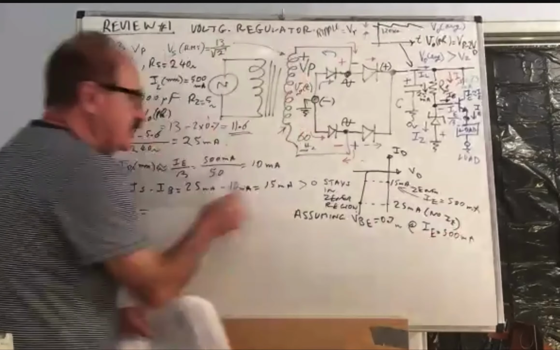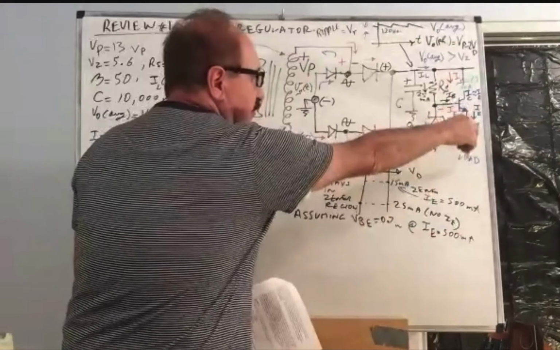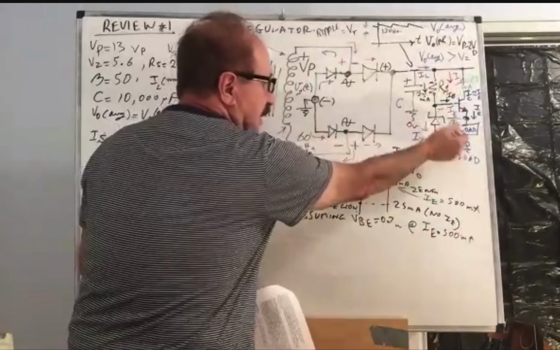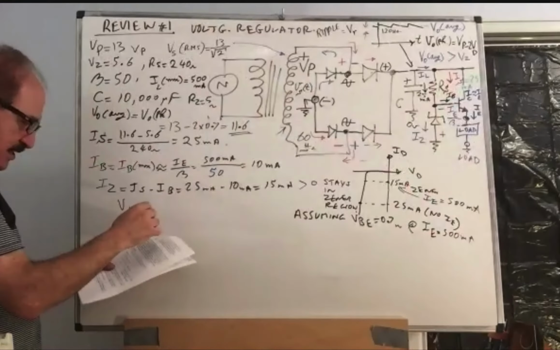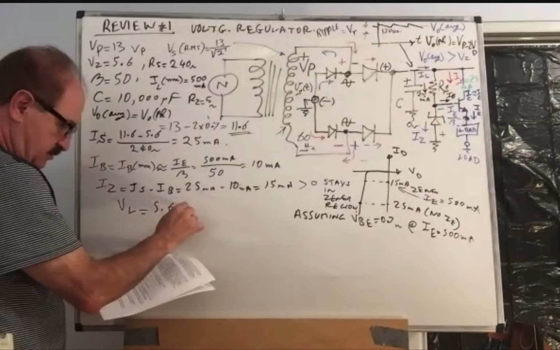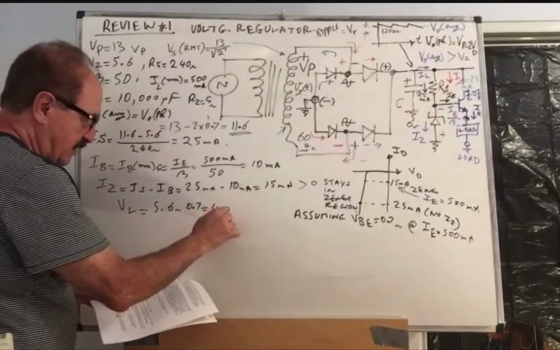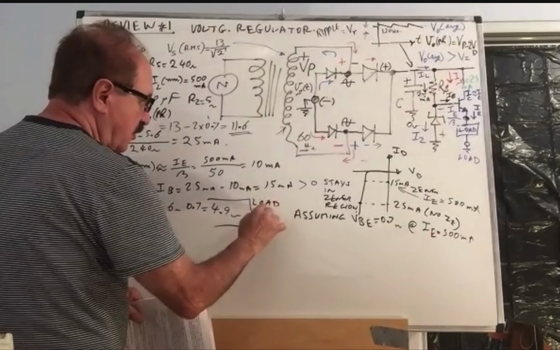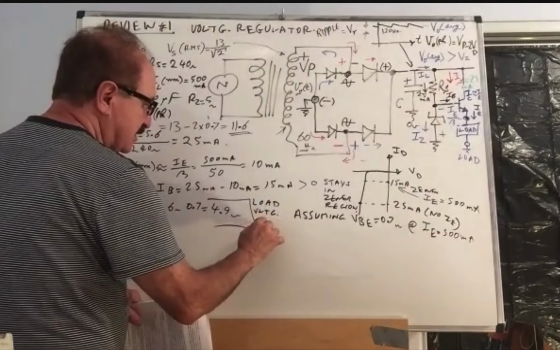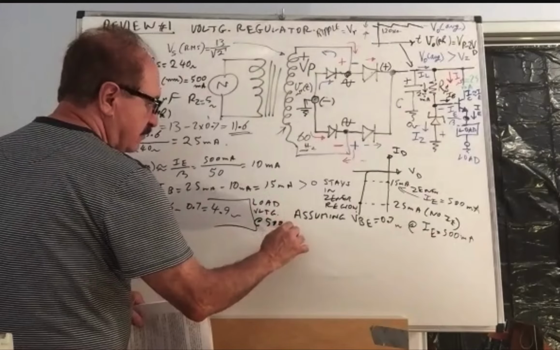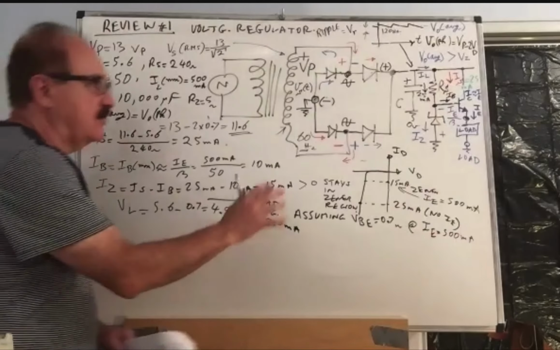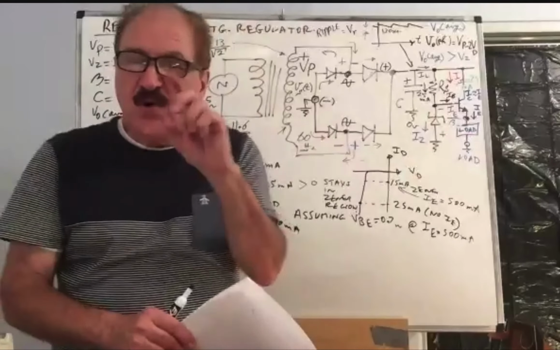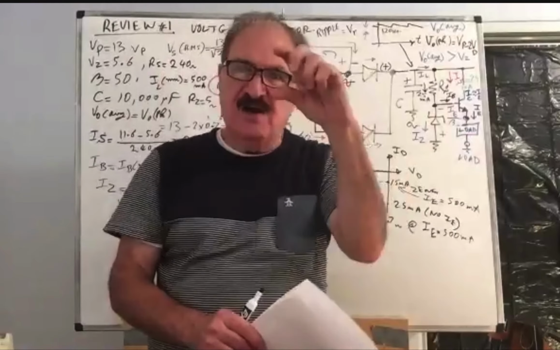Since you're doing the calculation for the 500 milliamp, you have 0.7 volt in here, so what's the load voltage? 5.6 minus 0.7, that's your load voltage. So VL is 5.6 minus 0.7, 4.9 volts. This is the load voltage at 500 milliamp, period. So that's it. The load voltage is only affected by one offset, VBE offset.